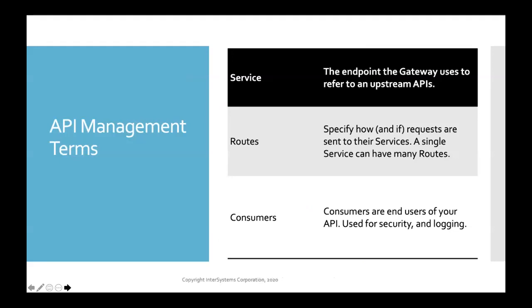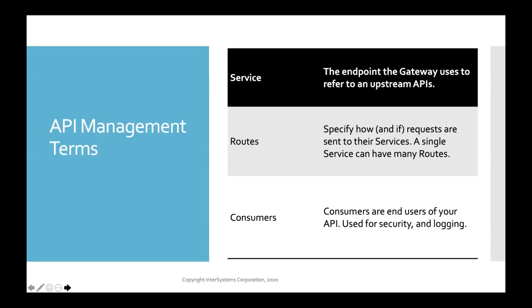There are a lot of terms in this field, but I think in a nutshell, there's only three you need to know. One, service. A service is an endpoint that our FHIR gateway or API gateway is going to use to refer to an upstream API. And the biggest service we want to manage here is our FHIR server. And then there are routes.